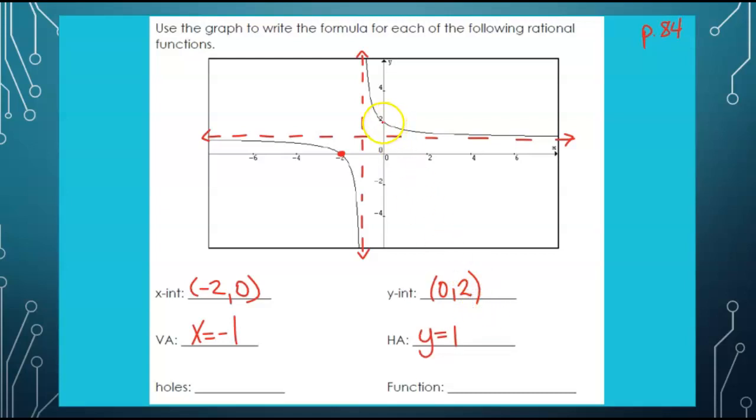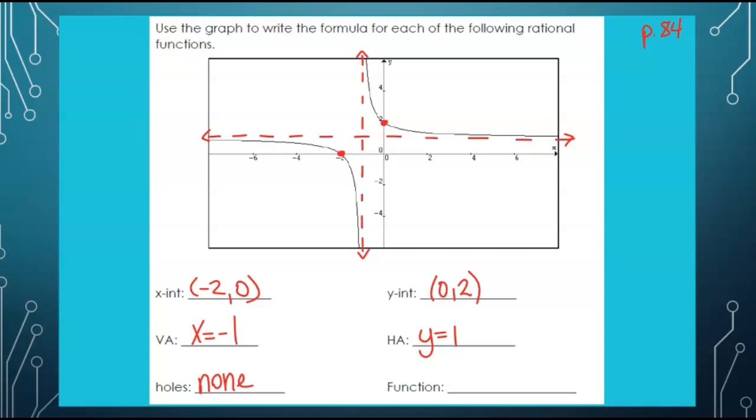Thank you very much. And then for holes, look at your answer. Jasmine, what did you get? None. Yeah, very nice. There are no holes in this hyperbola, so none.